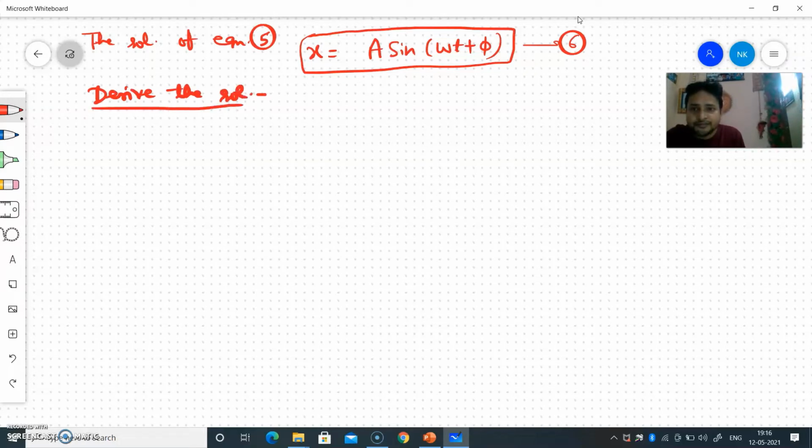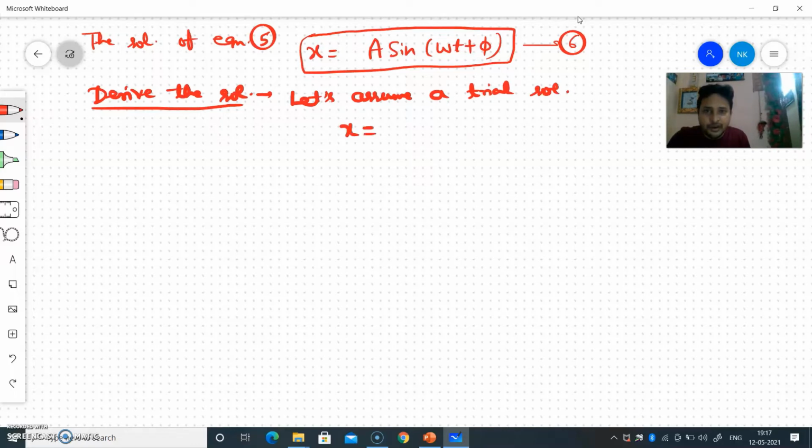For that, first we assume a trial solution in the form of some exponential function.